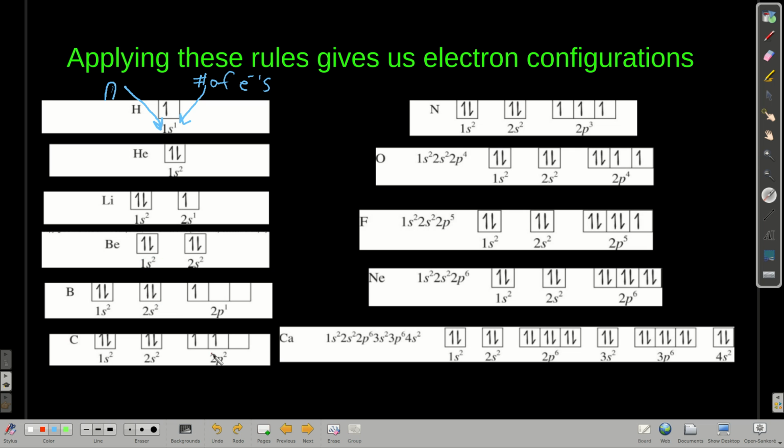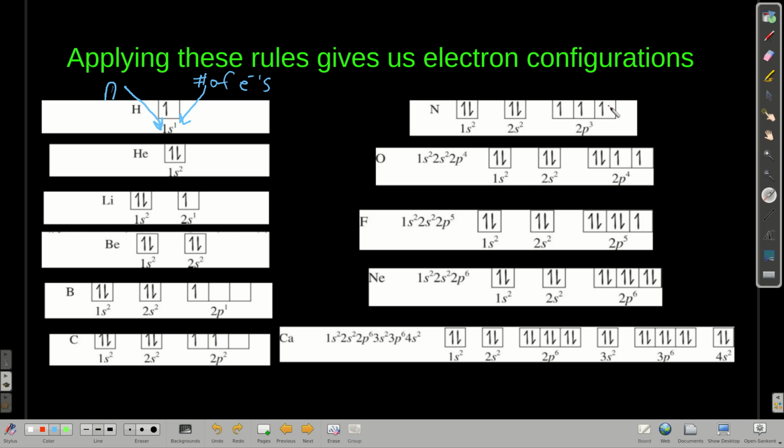Now let's look at carbon. Carbon is where we hit Hund's rule. So carbon has 6 electrons. First 2 go in the 1s subshell, 1s2. The second 2 go in the 2s subshell, 2s2. Everything's full there. The next electron goes into the 2p subshell. And then the last electron, Hund's rule says, has to go into an empty 2p orbital with whatever spin the first one had. In this case, it's up, so it's up here.